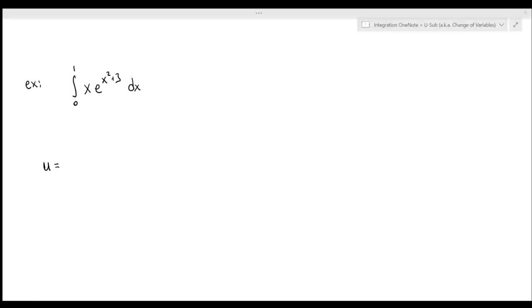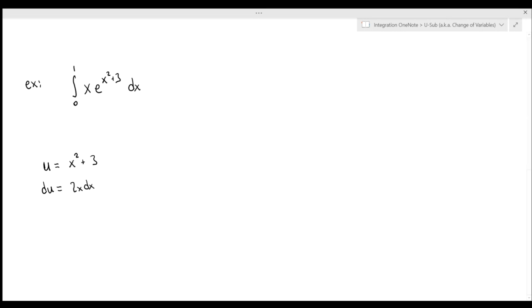So in this example, what do you guys think you would choose for U? Okay, so x squared plus 3 is going to be a little bit of a better choice. Whether you choose x squared plus 3 or just x squared for U, your du is going to be 2x dx.